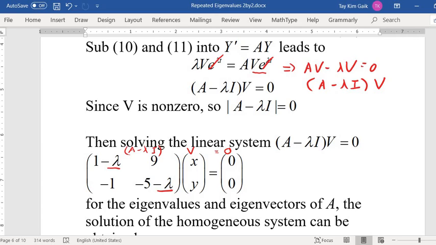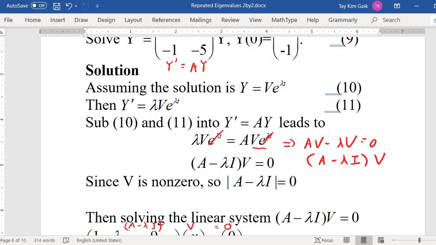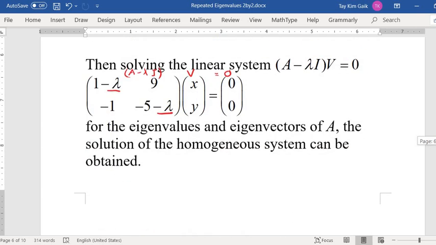Once we obtain lambda, we can find the eigenvector. Then we plug back into our assumption, and plug in the eigenvalue lambda, and we can find the solution for the homogeneous system.